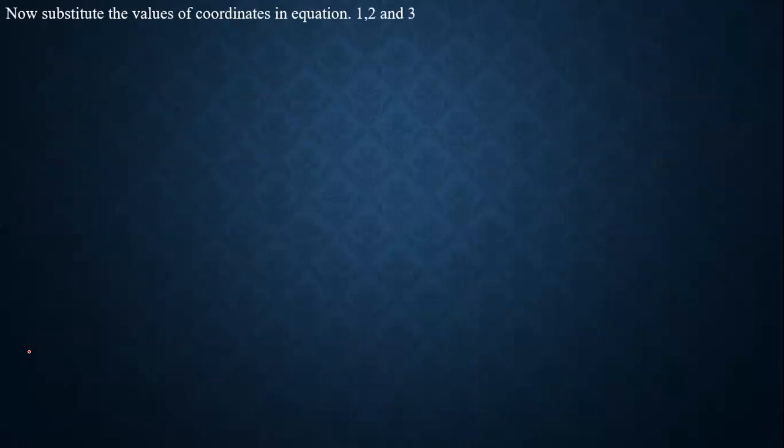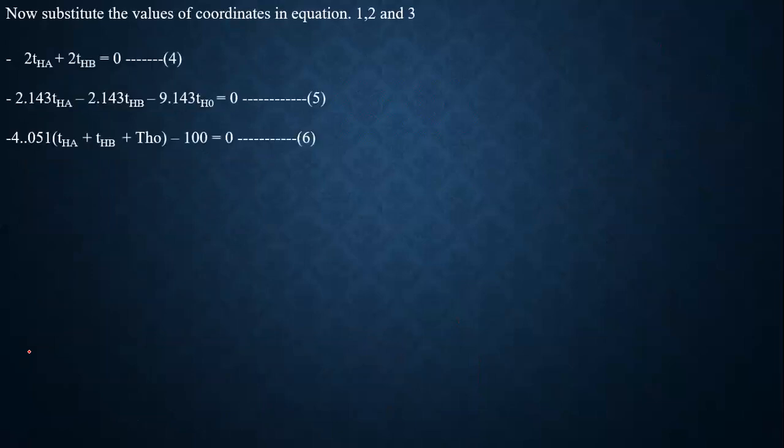Now substitute the values of coordinates in equations 1, 2, 3. If we put the values of coordinates O, H, A, B in equation 1, we find at first THA plus THB equal to 2, this is equation number 4. Then minus 2.143 THA minus 2.143 THB minus 9.143 THO equal to 0, that will be equation number 5.